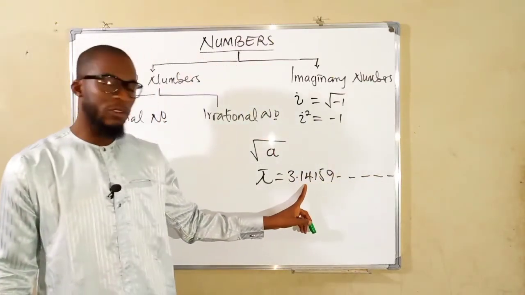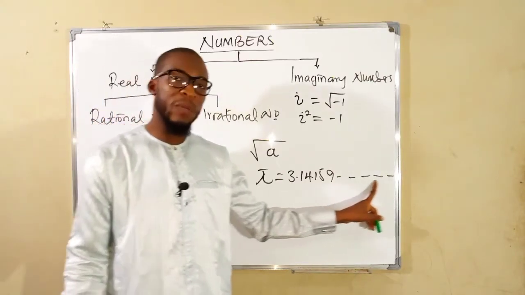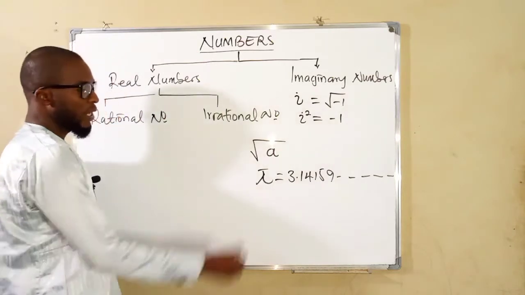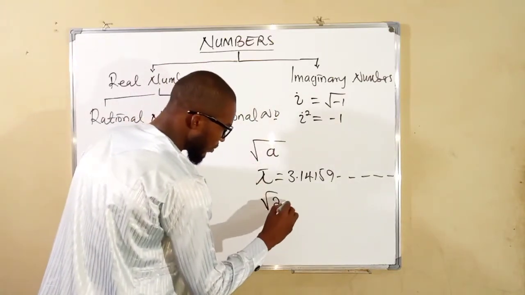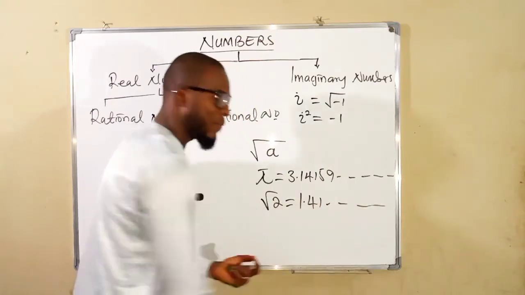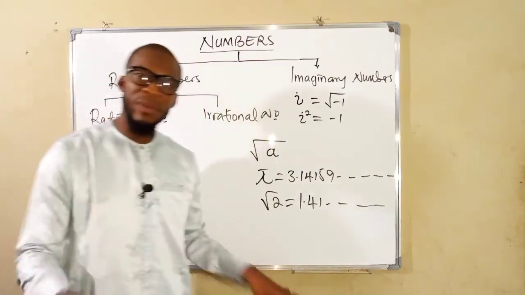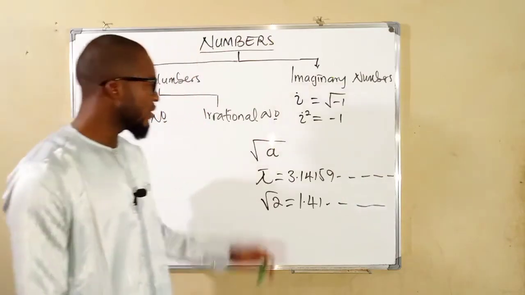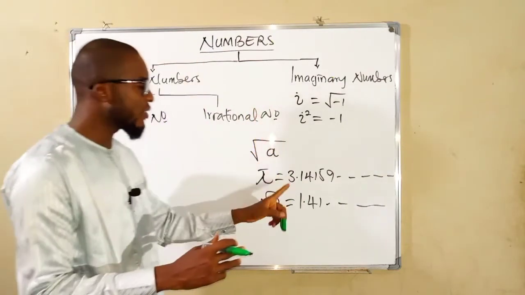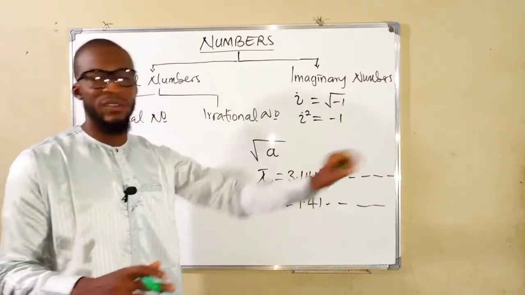You see these numbers, they are not repeating and they are non-terminating, so we say it is an irrational number. Square root of 2 is something like 1.41. It keeps on going, non-terminating, non-recurring, so it is an irrational number. We cannot find 2 values that can be expressed as the ratio of this.